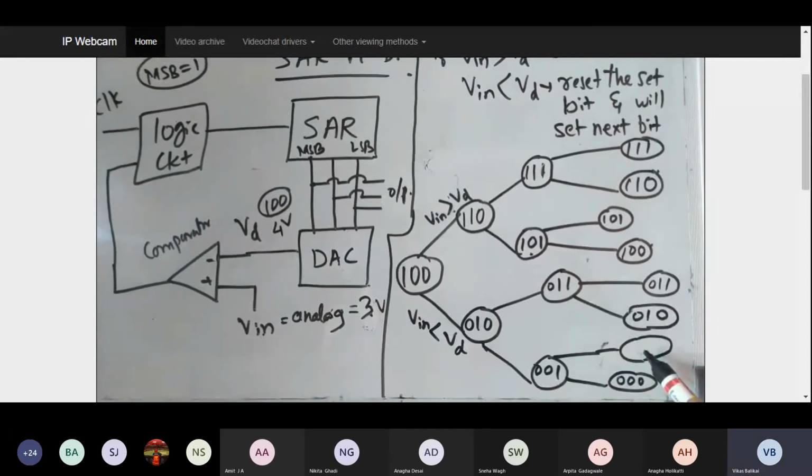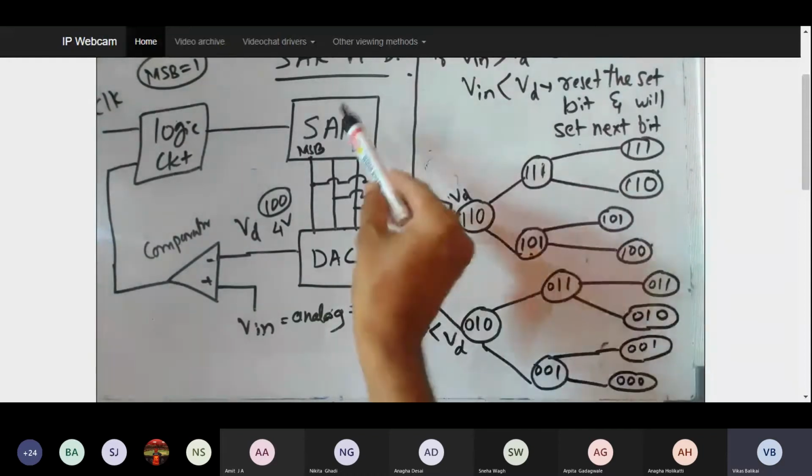And what about this wing? This wing says if Vin is greater than VD, then the next bit needs to be set. I don't have any next bit beyond this, so I just stop it over here. So this is what is going to happen in this SAR logic.